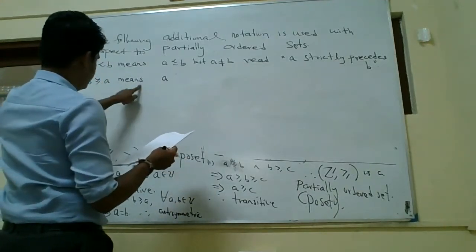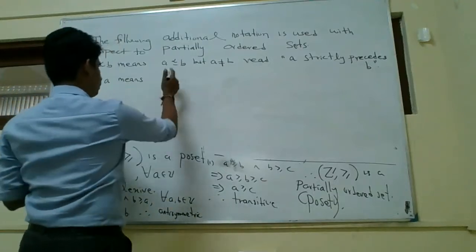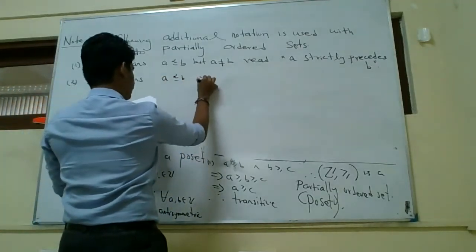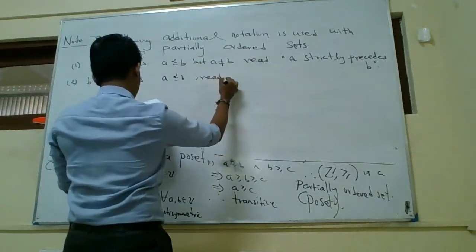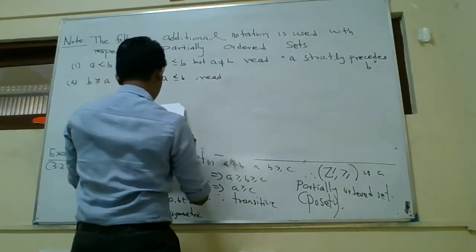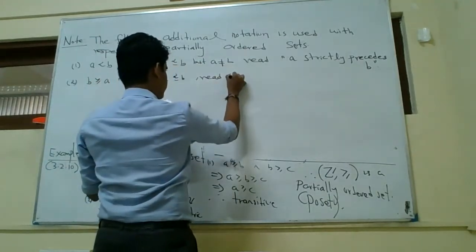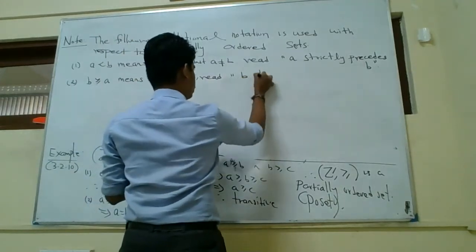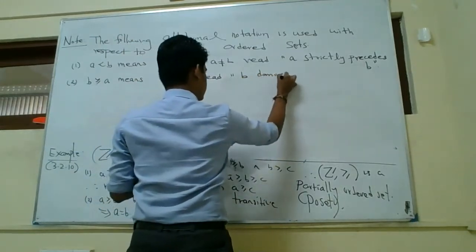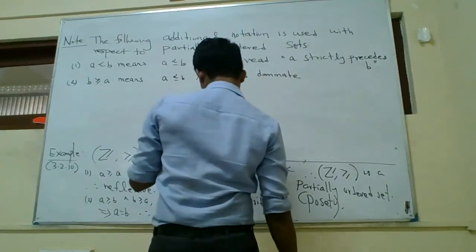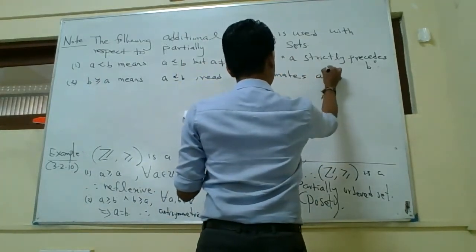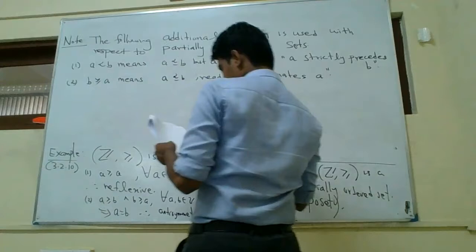B dominates A means A precedes B, where equality is also possible. You can read it like this: B dominates A.